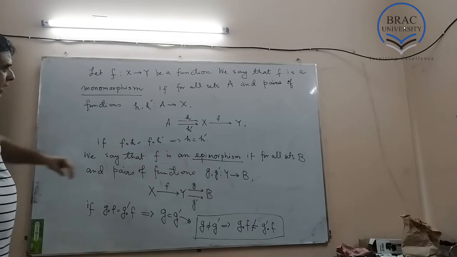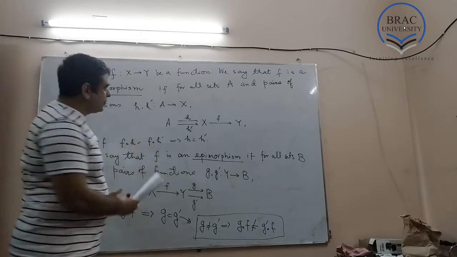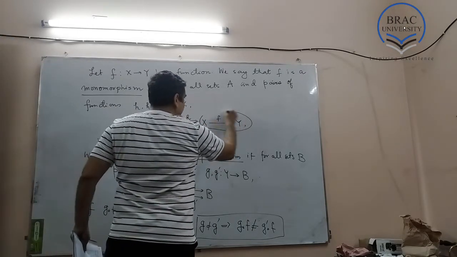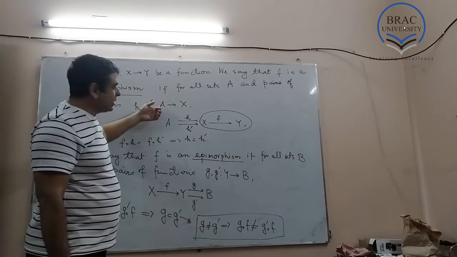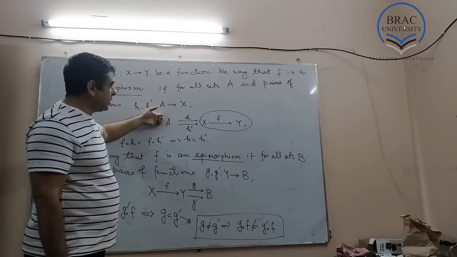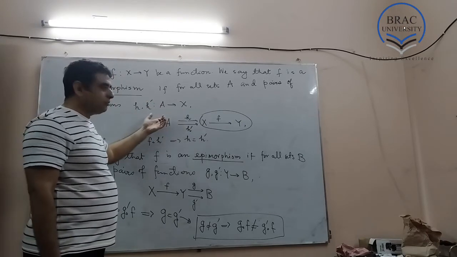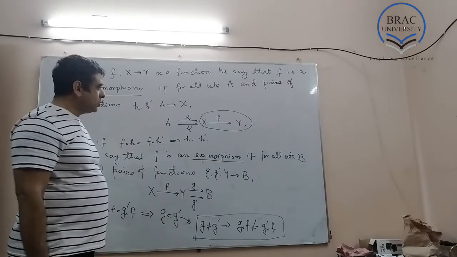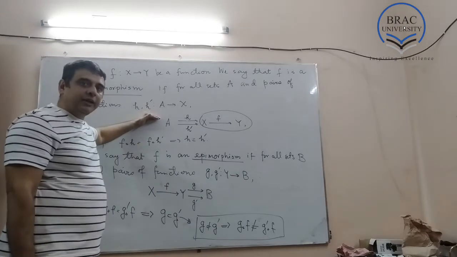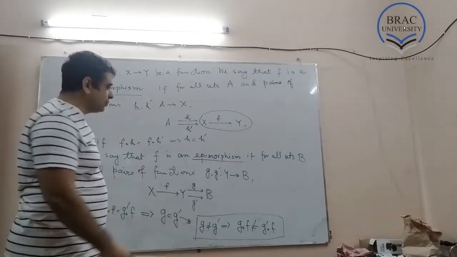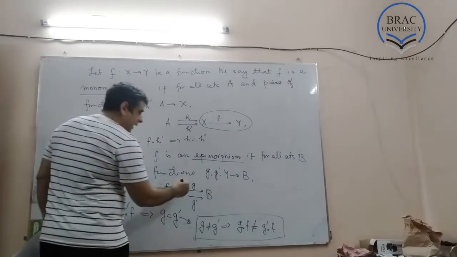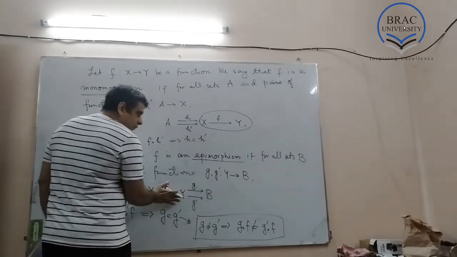So look at the two diagrams. For the original diagram, original function, you attach this arbitrary set A to the left of the original diagram for defining monomorphism, and for defining epimorphism, you attach this extra piece to the right of the original diagram.